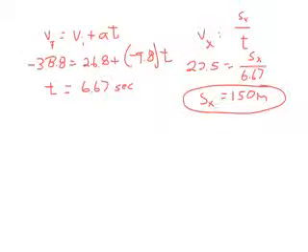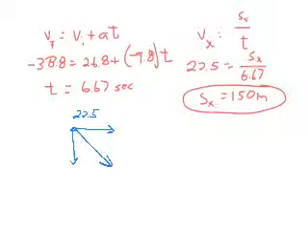And now we need to find the impact speed with the ground. When the ball hits the ground at the end, it will be traveling in a direction something like this. And it's going to be traveling horizontally at that same speed the whole time. That was the 22.5 meters per second. And it's going to be traveling downward at the 38.8 meters per second when it impacts the ground.